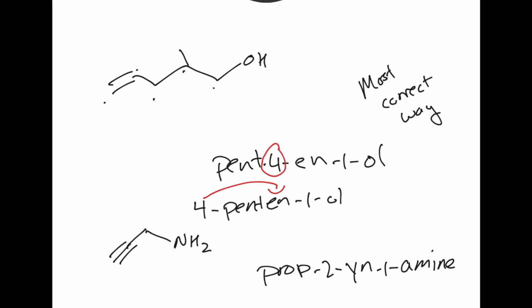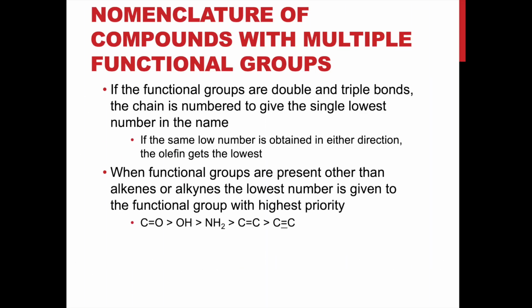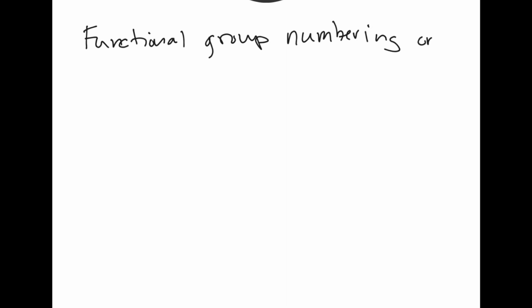Right, so I'm going to do this next slide a little out of order. What I'm going to lay out here is the order that we number functional groups in, broadly.